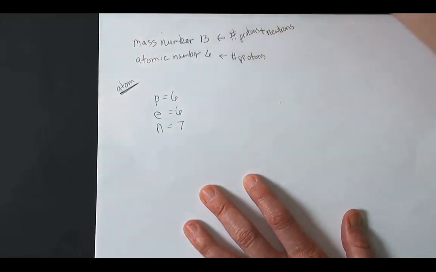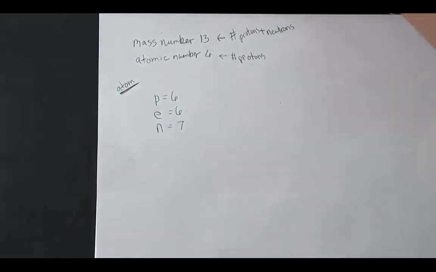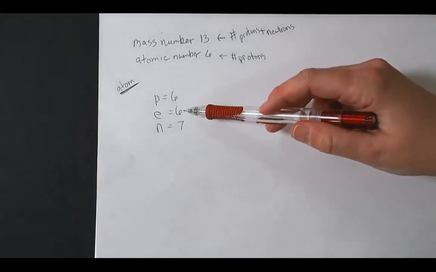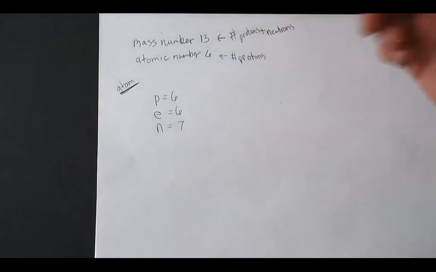If they were talking about ions, they would have to tell you the charge associated with that ion so that you could correctly determine the number of electrons. This is pretty much as hard as the math gets for this chemistry review, so hopefully that's not too terribly bad.